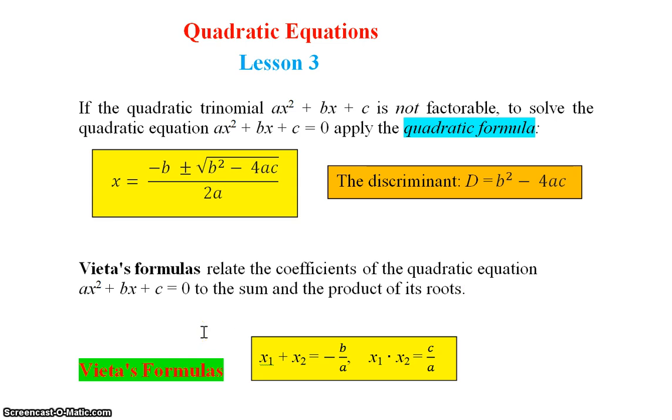These formulas state that the sum of the roots of the quadratic equation ax squared plus bx plus c equals 0 equals minus b over a, second coefficient with opposite sign divided by the first coefficient, and the product of the roots equals constant term c divided by the first coefficient a.